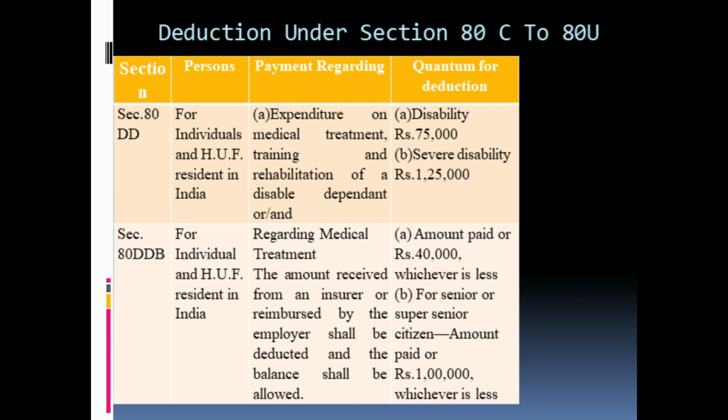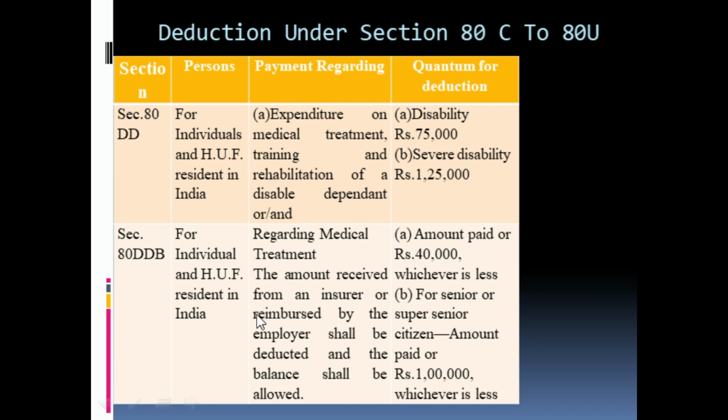Next, deduction under section 80DD for individual and HUF resident in India. Here the expenditure is on medical treatment, training and rehabilitation of a disabled dependent. If the disability is normal, the eligible deduction is rupees 75,000. In case of severe disability, the eligible deduction is 1,25,000. Next, deduction under section 80DDB.